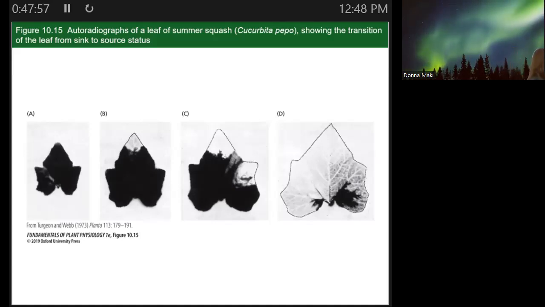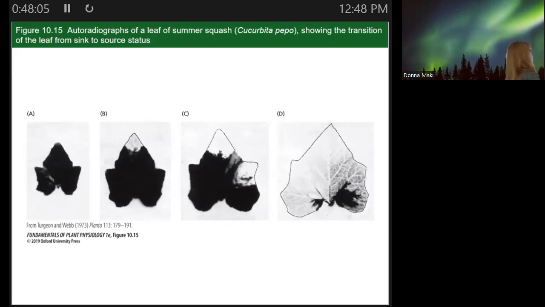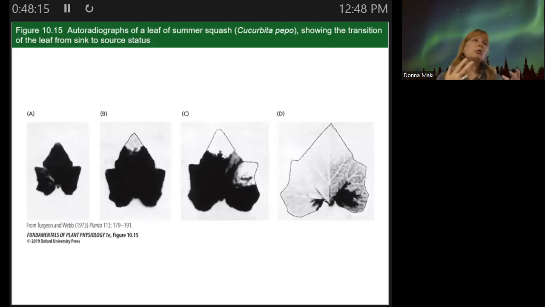Now this is the same leaf over different time periods. As the leaf is growing up, so to speak, it starts to shift from being a net importer when it's all black. It's taking all that radio-labeled carbon from another mature leaf that did all this and sent it. Now this leaf is going, oh, I'm doing better.